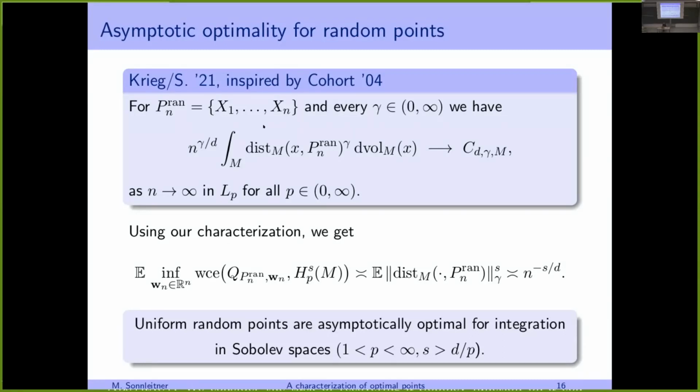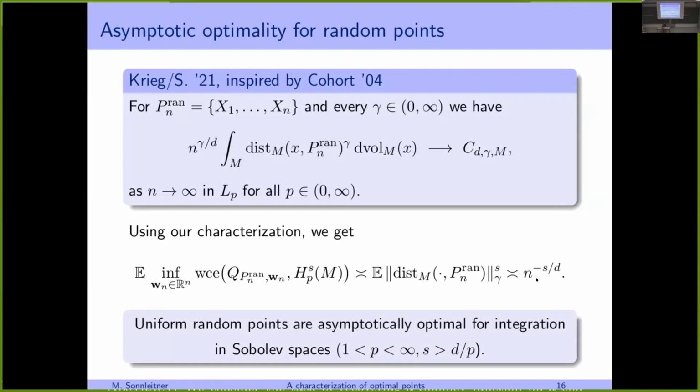So this quantity to the gamma, the average distance to the gamma, is n to the -gamma/d. So the optimal rate on average. And using now our characterization, we get that on average, we have here the optimal rate of n to the -s/d.